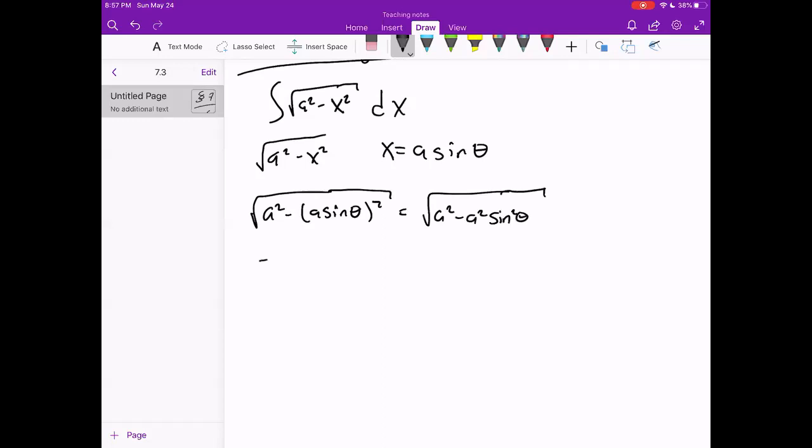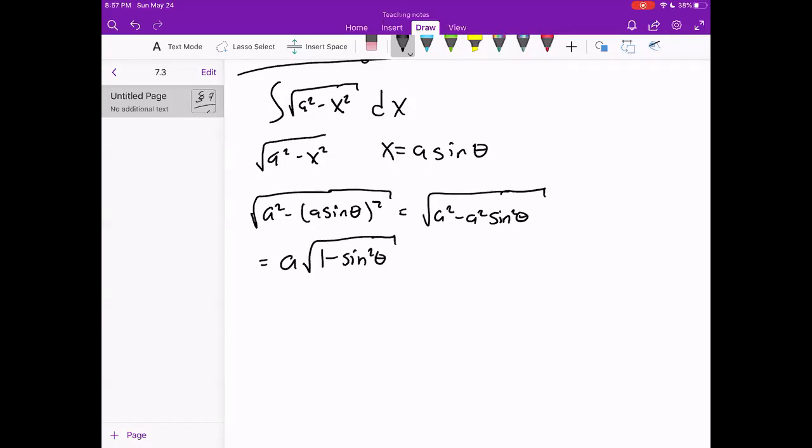I can factor out that a squared. And when I do that, I can take the square root of it. I'm going to get a times the square root of 1 minus sine squared theta.